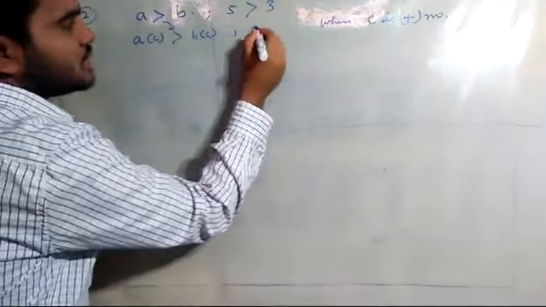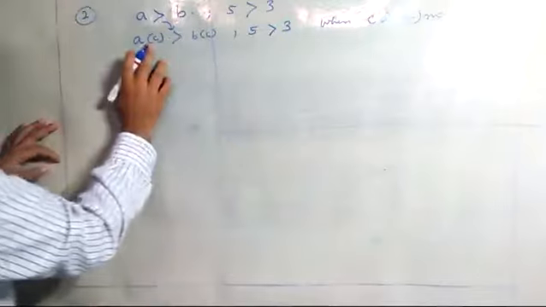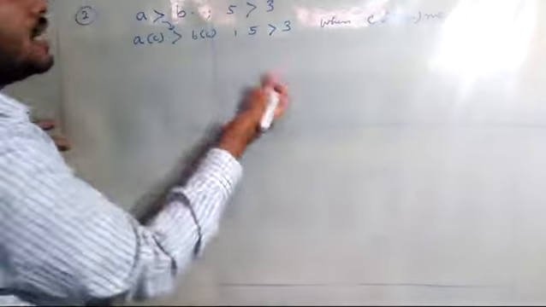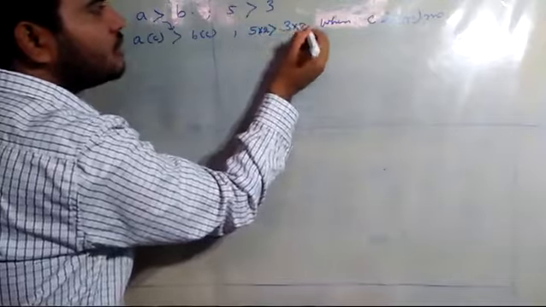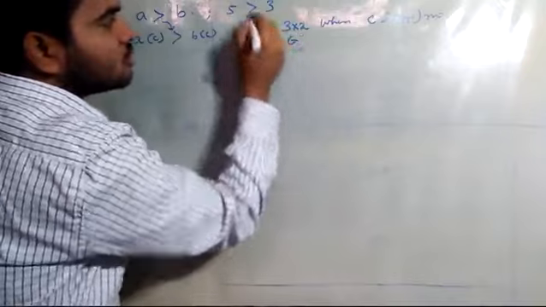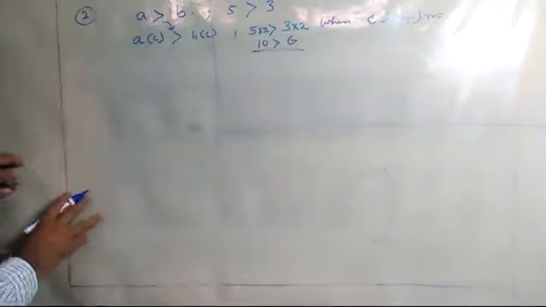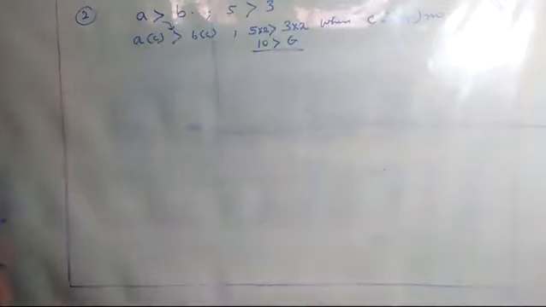Let us take the example 5 greater than 3. I multiply by a positive number, say 2 here and 2 here also. So 5 2s are 10, greater than 3 2s are 6. So the sign of inequality is not going to change. When we multiply the same positive number on either side of the inequality, the sign of inequality will not change.